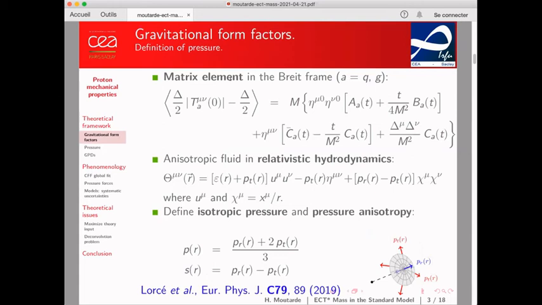So my question is, in my opinion, hydrodynamics is kind of like an effective description of partonic degrees of freedom. For example, it assumes that the mean free path of those partonic degrees of freedom is much smaller than the size of the system.